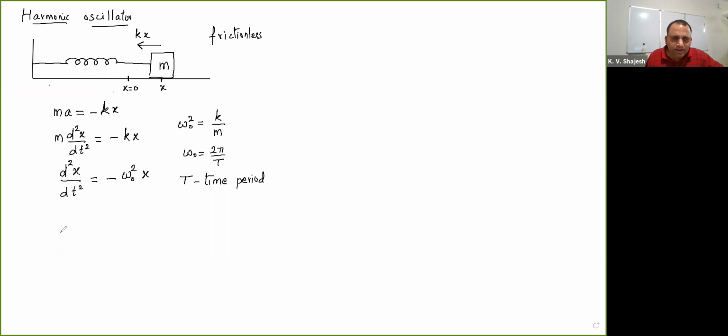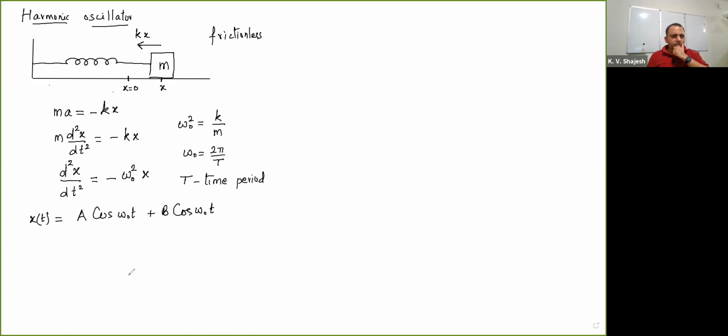And then since this is a second order differential equation, we know that the solution x of t is given as a times cosine of omega naught t plus b times sine of omega naught t.